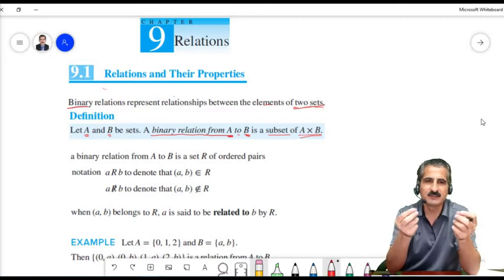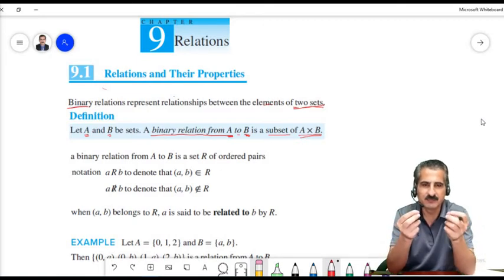An element of A and an element of B, then we will write them as an ordered pair.